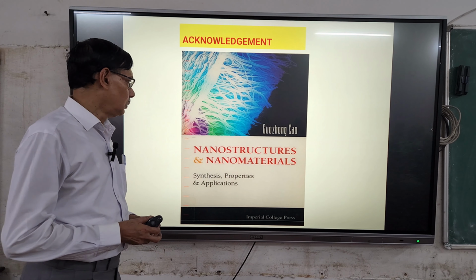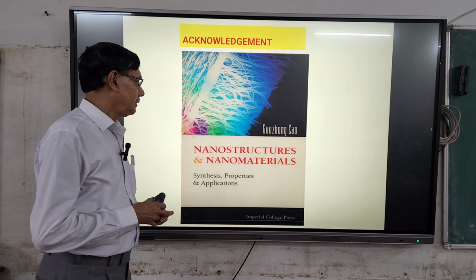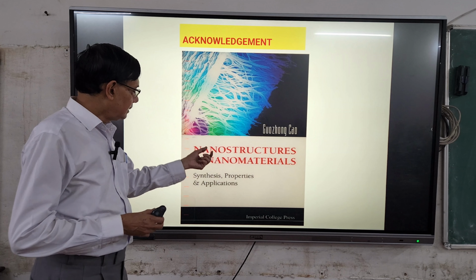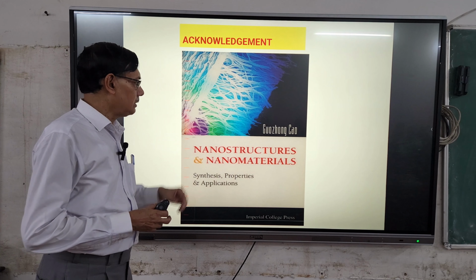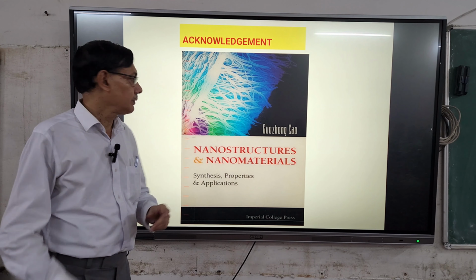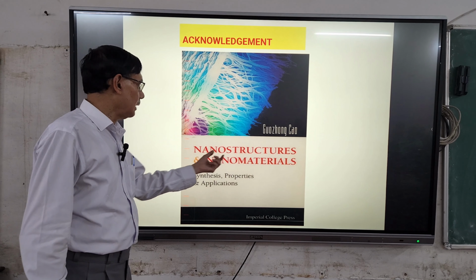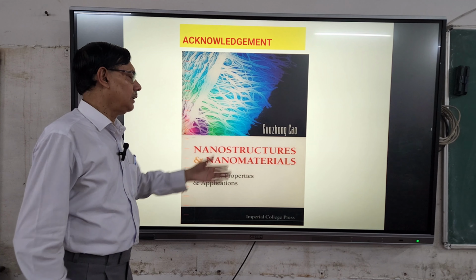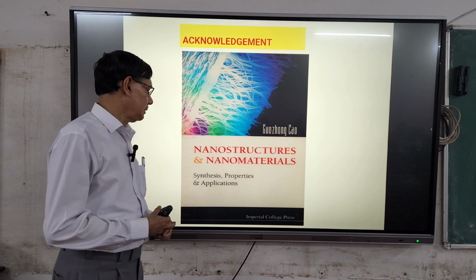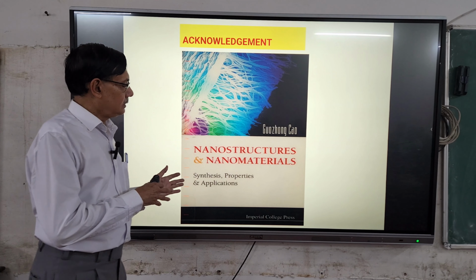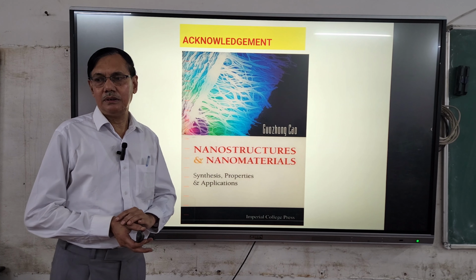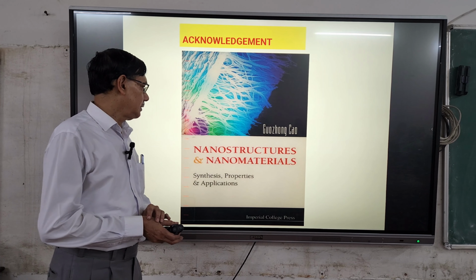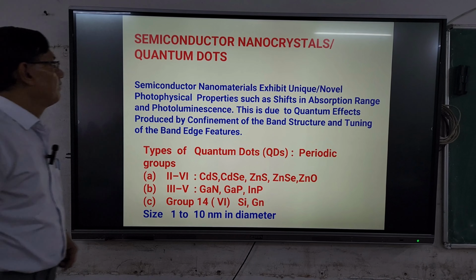You can issue that book. I don't have this book right now, but I think this is the best book for the student. Nanostructures and Nanomaterials. Even in this book you will find the physical properties of the nanoparticles, as well as the synthesis of the metallic nanoparticles, as well as the non-metallic nanoparticles.